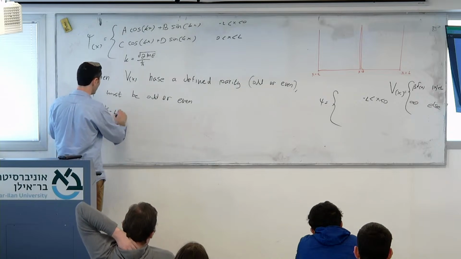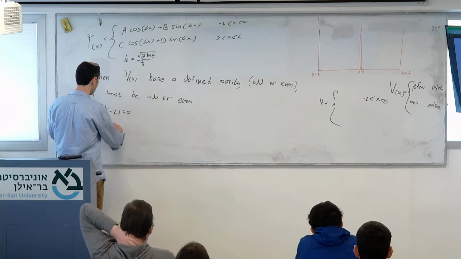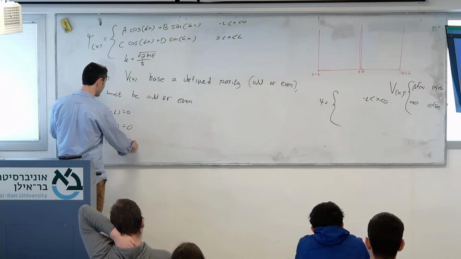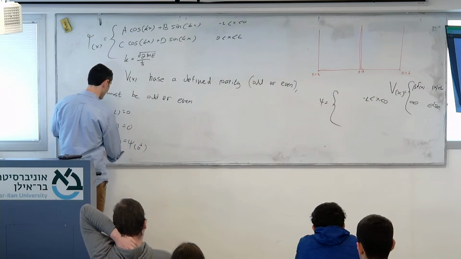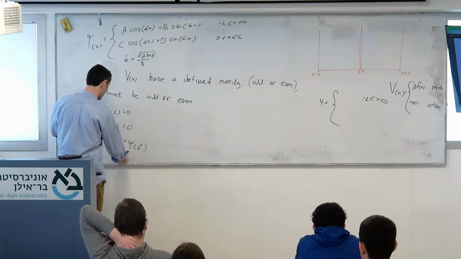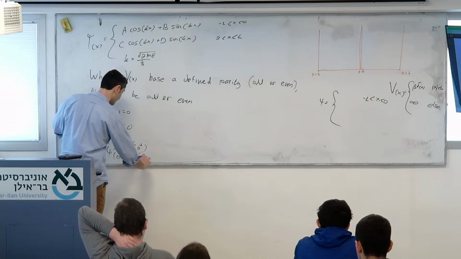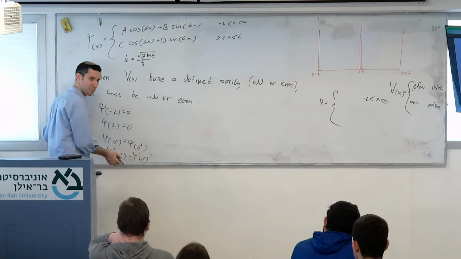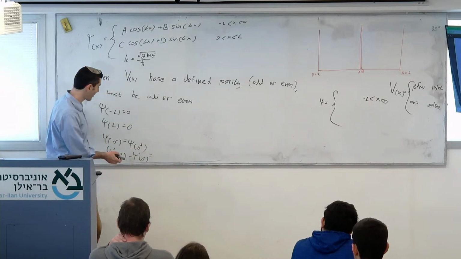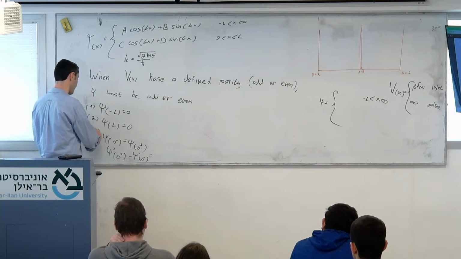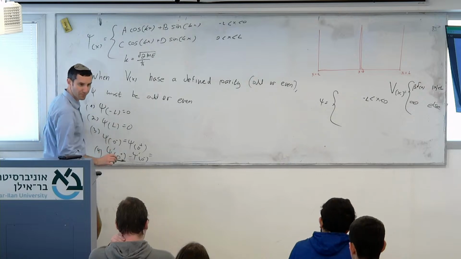I'm going to have here psi of minus L is 0, psi of L is 0, psi of 0 minus is equal to psi of 0 plus, and psi prime of 0 plus minus psi prime of 0 minus is going to equal something that I keep forgetting. Okay? 1, 2, 3, 4.